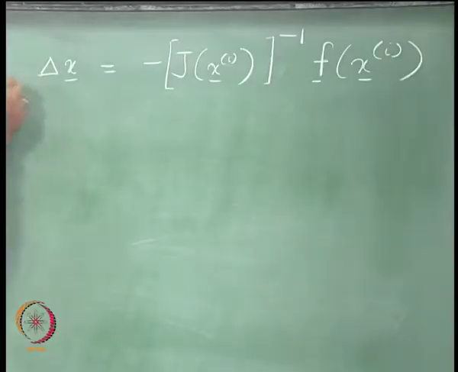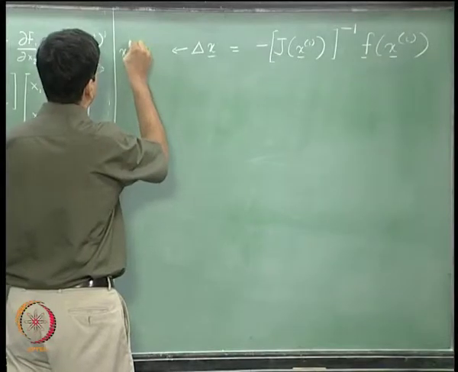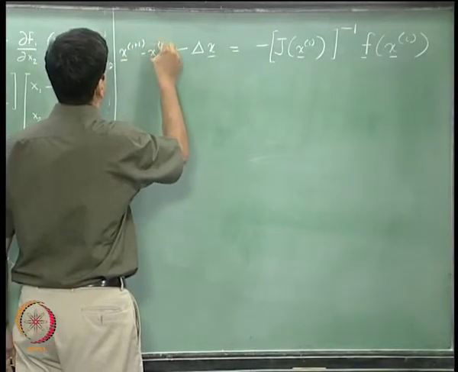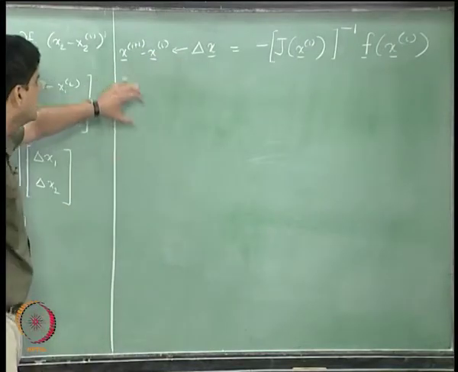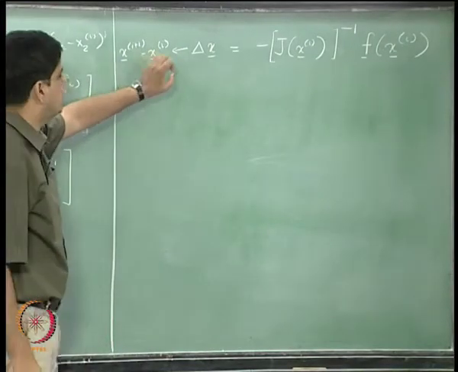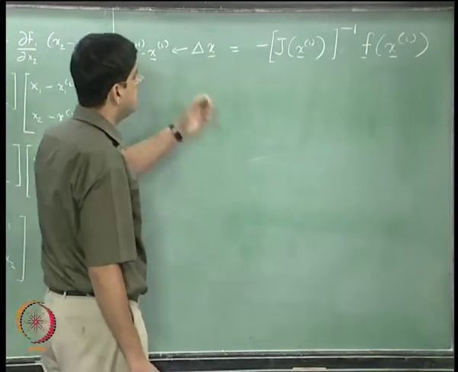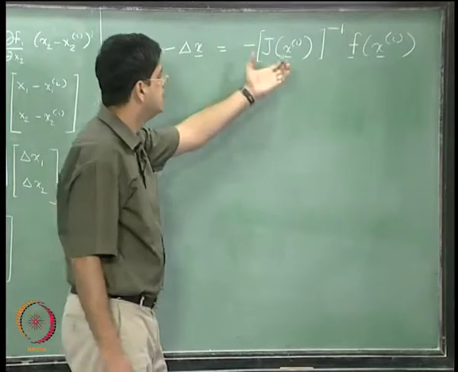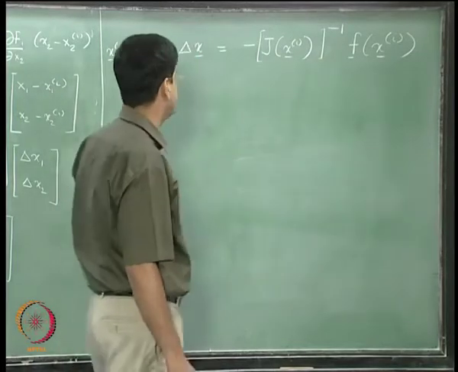And remember, the delta x that we had was nothing but x I plus 1 minus x bar at I. Okay, again these are vectorial notations, which basically means it does matter whether you pre multiply or post multiply J. This is a pre multiplication by J inverse.